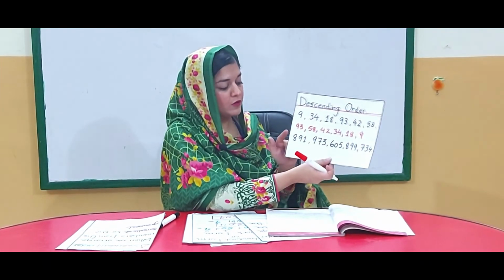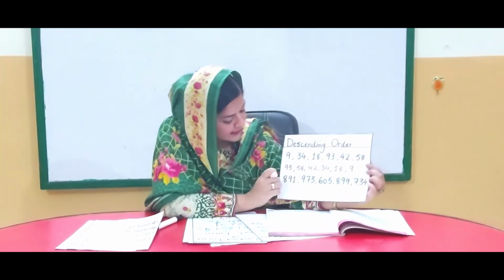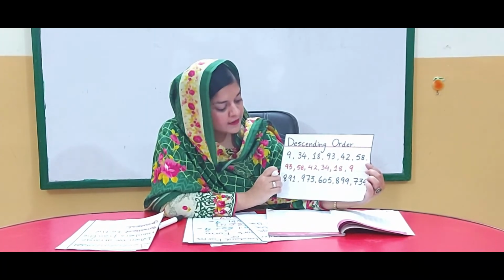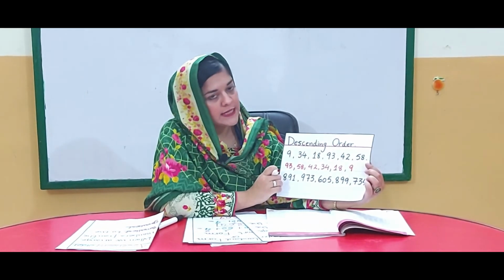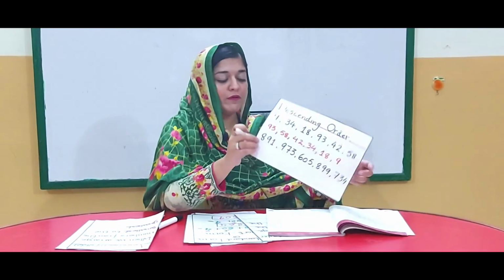Okay, now we will solve the next one also. The numbers given to us are 891, 973, 605, 899 and 734. So how will we solve it?